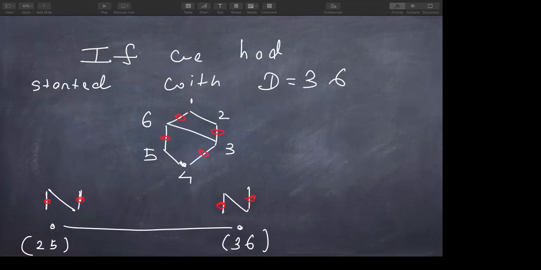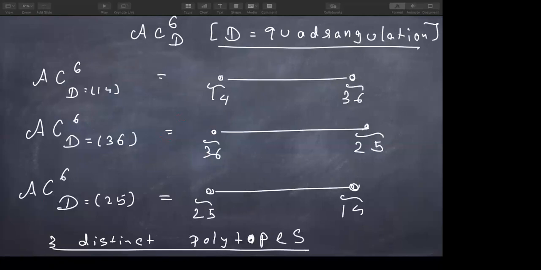But of course you can quickly see that if you had chosen your reference to be 3,6, then the connected dual quadrilaterals are either 2,5 and 3,6. So you get a different combinatorial polytope. So for the hexagon, you basically get 3 possible combinatorial polytopes. So already the situation is more intricate than the associahedron, where in a given dimension you have a unique polytope, but here your polytope depends on the choice of the reference dissection that you start with.